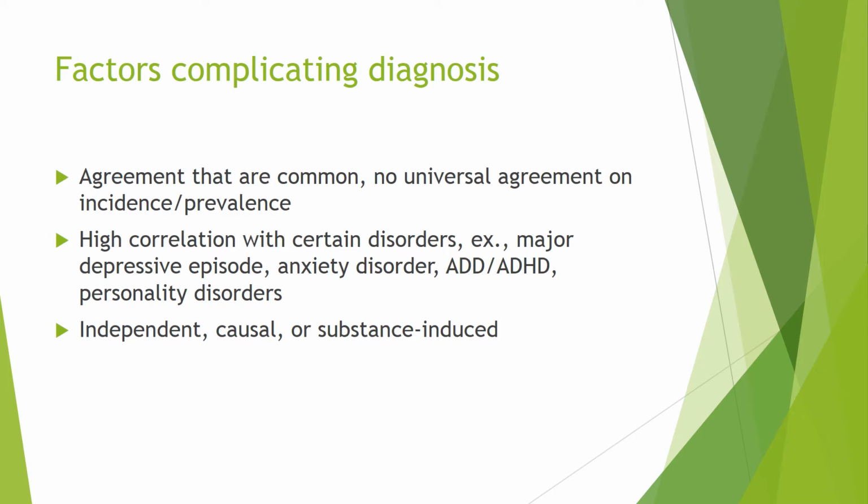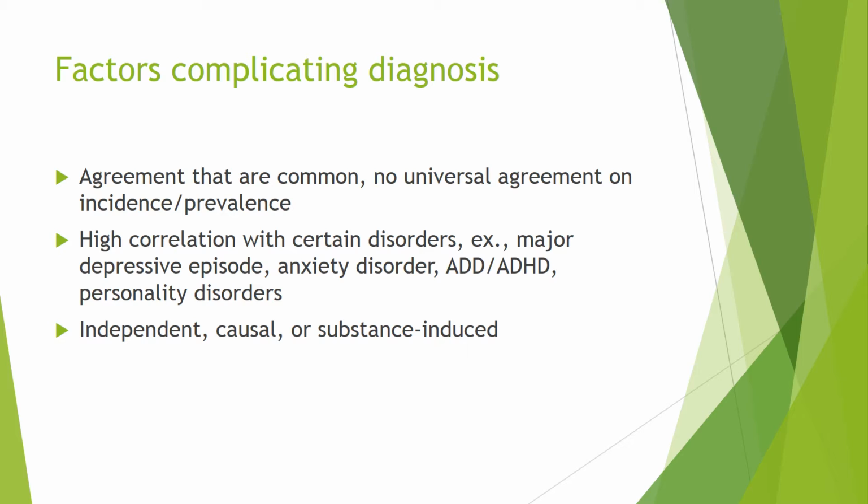There's also acknowledgement of a high correlation between substance use disorders and other psychiatric conditions, such as major depressive episodes or depression, anxiety, attention deficit hyperactivity disorder, and many personality disorders. These can occur on a regular basis in combination with other disorders.